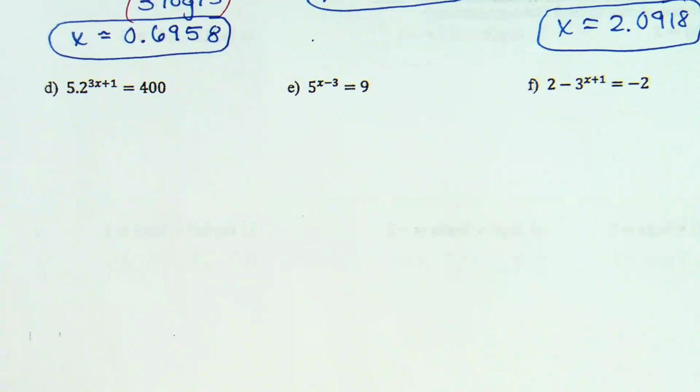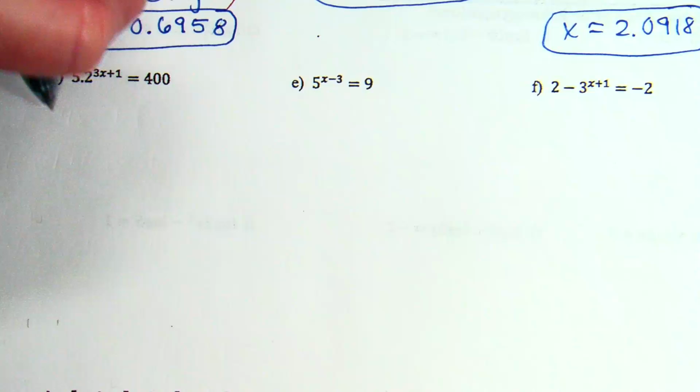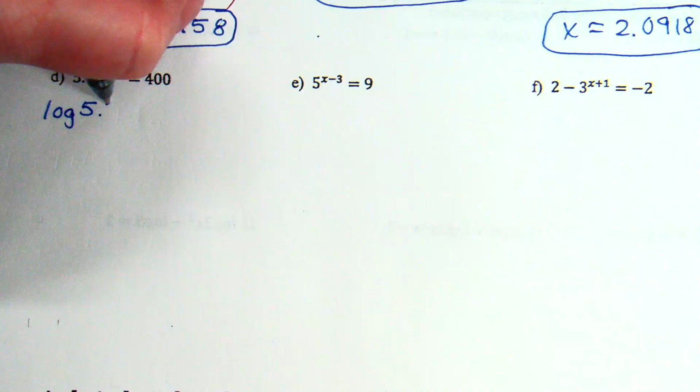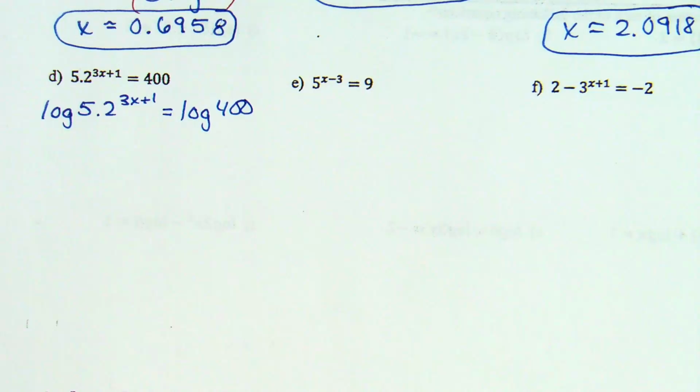So since those bases aren't becoming the same, I'm going to take the log of both sides. So the log of 5.2 to the 3x plus 1 equals the log of 400. Okay, so step 1 is still the same. Step 2. What are we going to do?